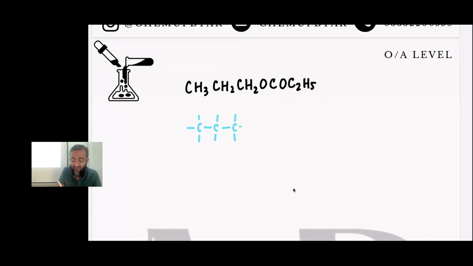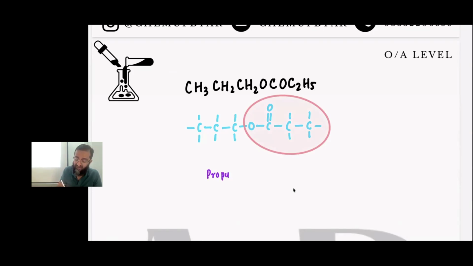Now after this carbon, there is an oxygen. So it is not a double bond O, obviously, because that carbon has already 2 hydrogens. Now after this oxygen, this C has double bond O. And then C with the 2 hydrogens, and then the C with the 3 hydrogens. Yes. And this is the alkanoid part. So the name of the molecule is propyl propanoate.